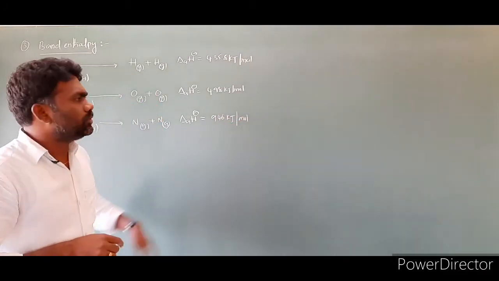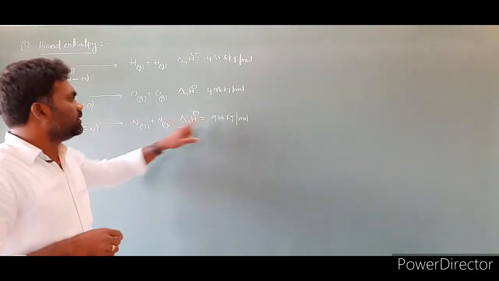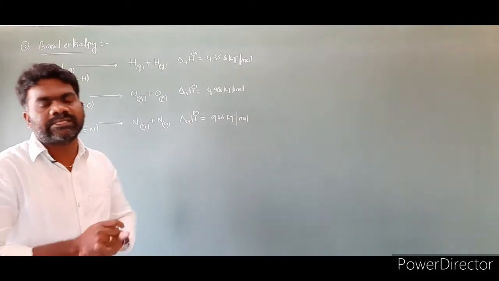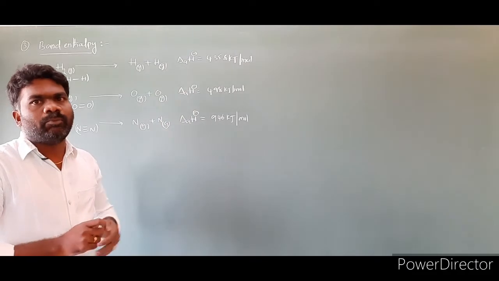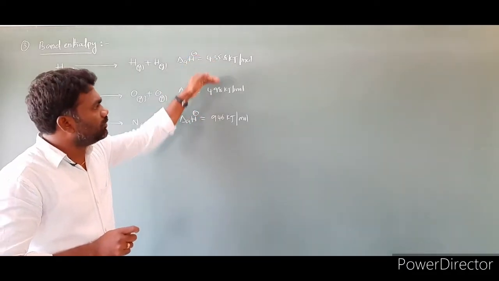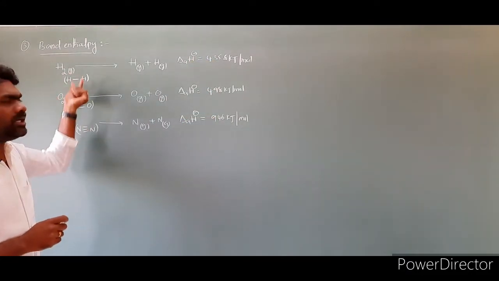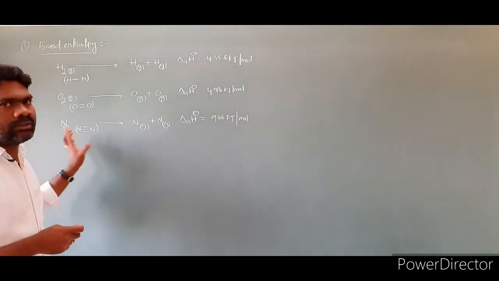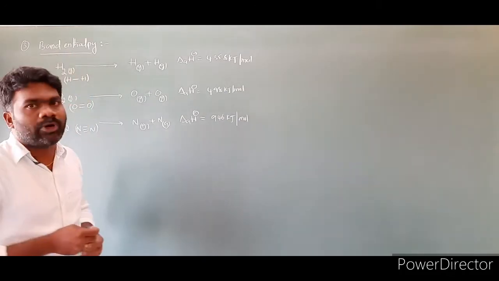This means to break 1 mole of bonds between the two nitrogen atoms, 946 kilojoules per mole of energy is required. So this is the energy required to break bonds between the atoms. By taking this we can define the amount of energy required to break the bonds between the atoms of a particular type in a molecule. That energy is called bond dissociation, called bond enthalpy.